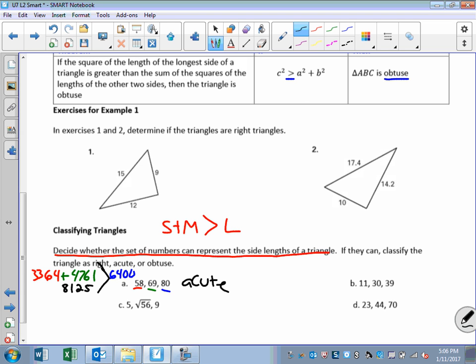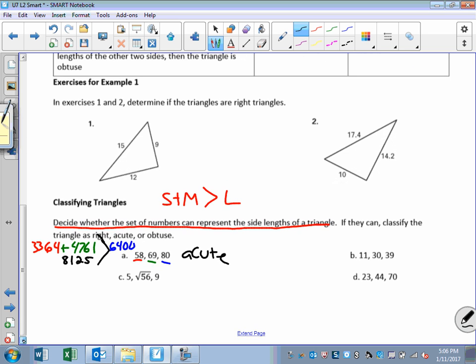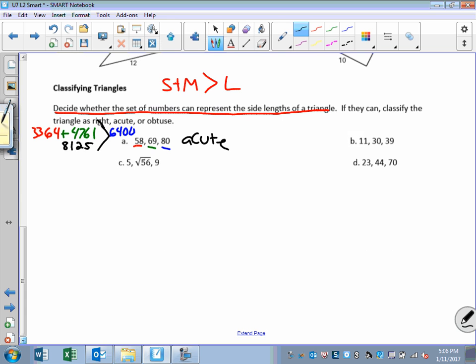Now for C, I'm going to go just down to C. Let me extend the page so I can get some more space. First, 5 plus the square root of 56 is going to be bigger than 9, so it can be a triangle.